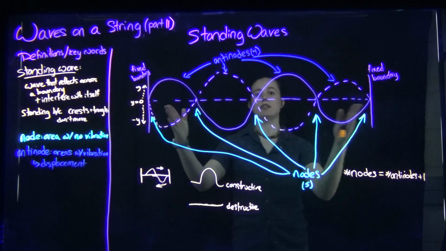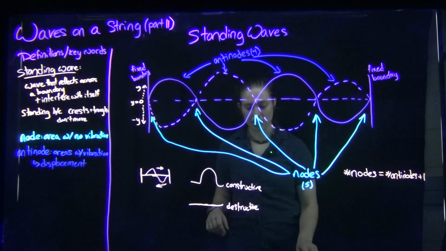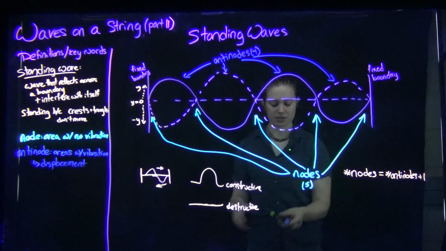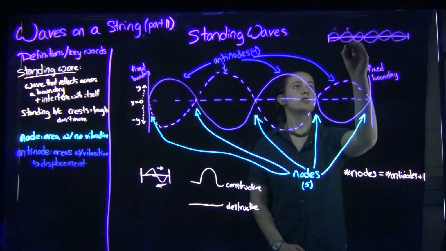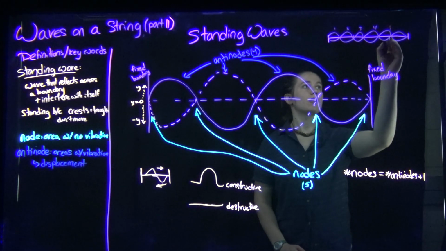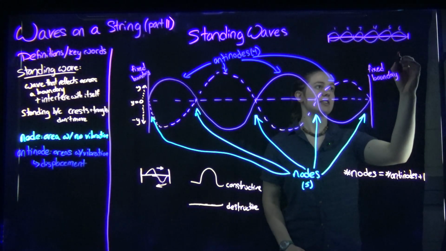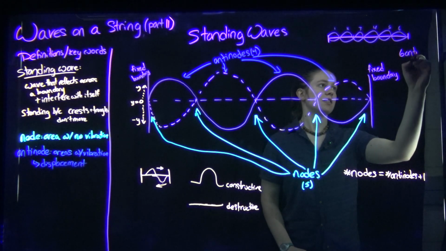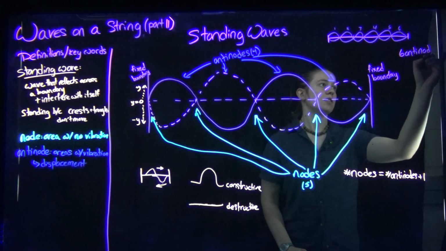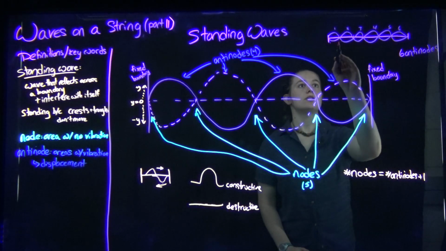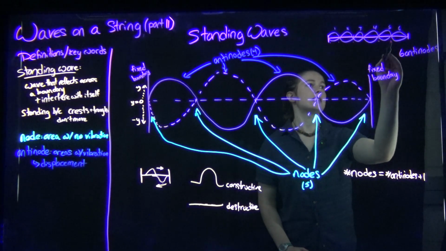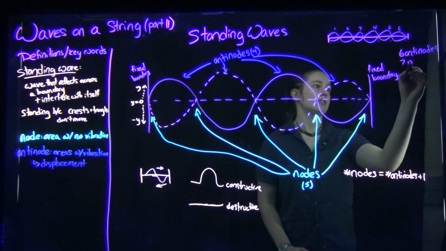You can draw this out with different numbers of humps just to prove that to yourself. Here we have 1, 2, 3, 4, 5, 6 antinodes, and 1, 2, 3, 4, 5, 6, 7 nodes.